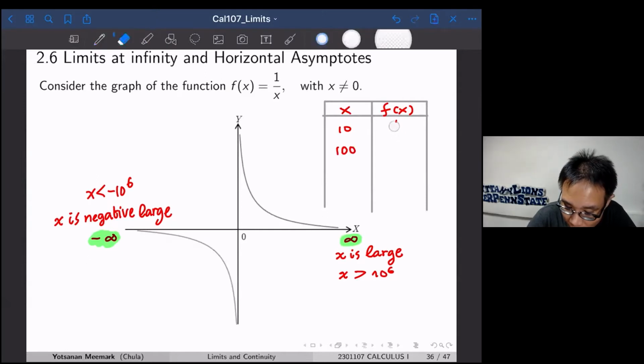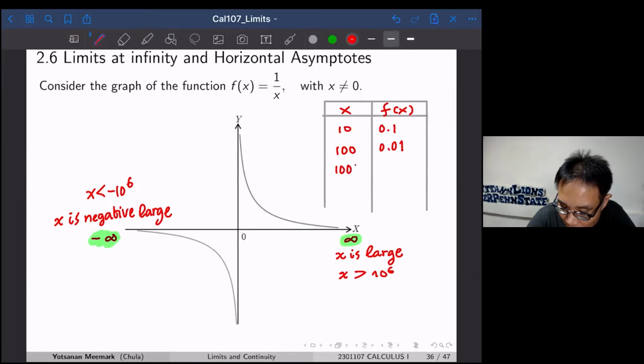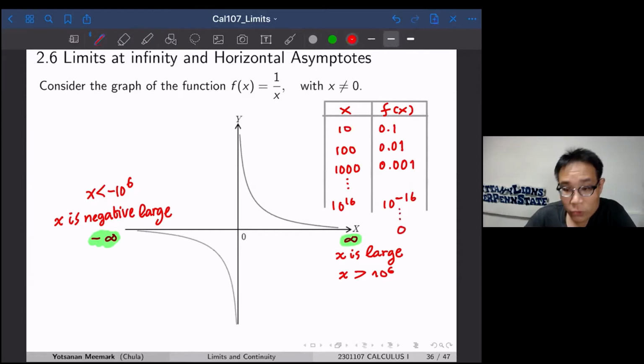Let me write it in decimal form: 0.1, 0.01, and for 1000 it's going to be 0.001, and so on. Like 10 to the 16 gives 10 to the minus 16, which is very small. So this tends to 0 when x is large. This can be seen from the table.